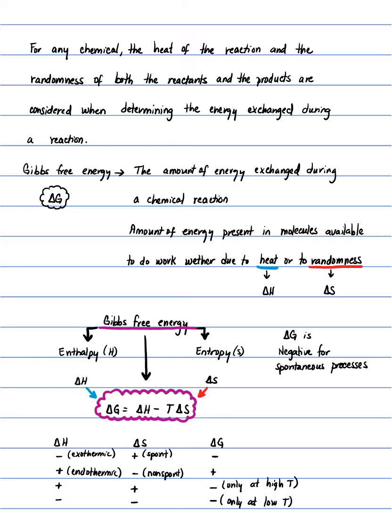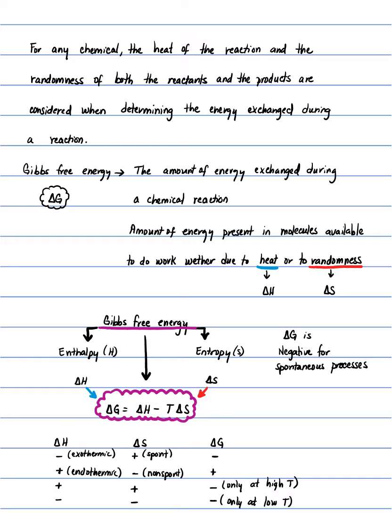Since your enthalpy and your entropy can be positive or negative, right? You can have a number positive or negative for enthalpy depending on your process, if it's endothermic or exothermic. You can have a positive or a negative sign for delta S depending on whether your process is becoming more organized or less organized.